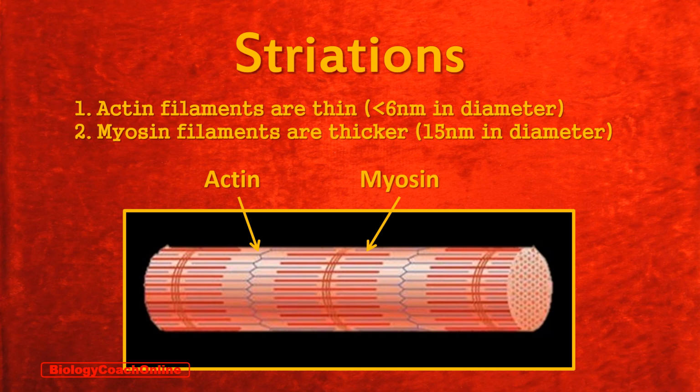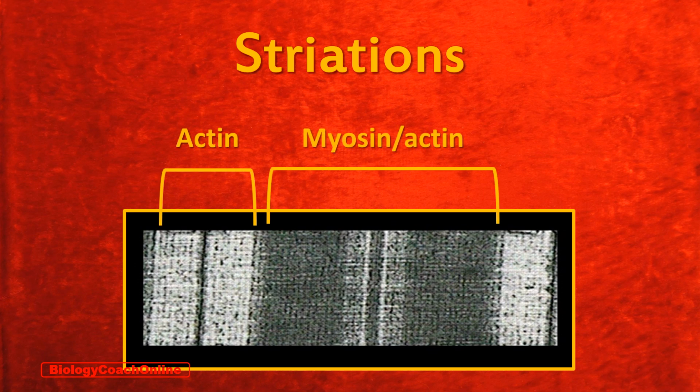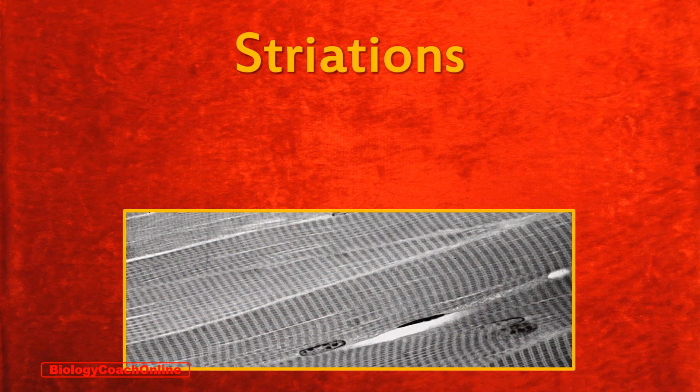So actin and myosin filaments overlap in skeletal muscle fibers, giving the appearance of alternating thin and thick filaments. Now, it is this apparent alternation of thick and thin, or actin and myosin filaments, that gives skeletal muscle its very distinctive microscopic banding appearance. So these light and dark bands then are known as striations.